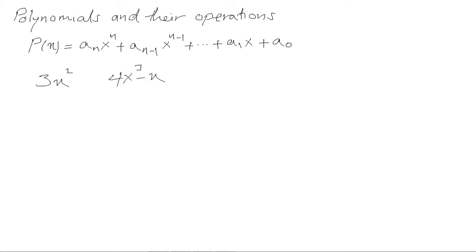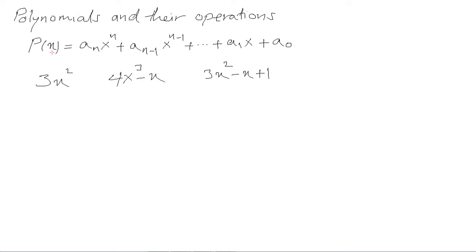And a polynomial that has three terms, something like 3x to the power of 2 minus x plus 1, is said to be a trinomial. So this one is a monomial, this one is a binomial, and this one is a trinomial.